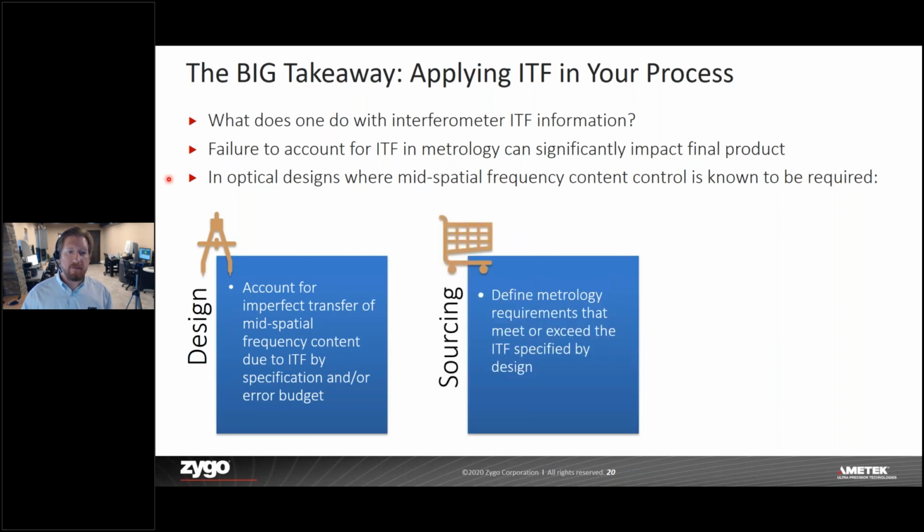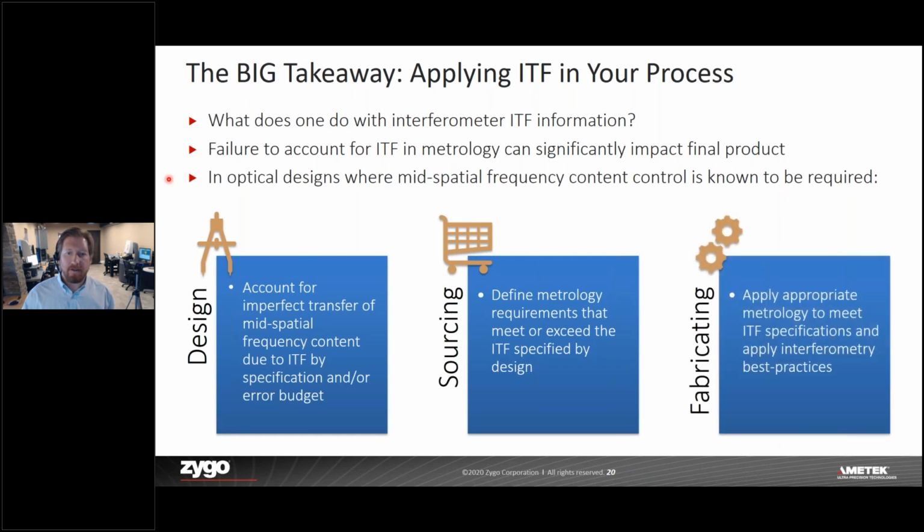At a sourcing level, one can define the metrology requirements that meet or exceed the ITF specified by the design. And during fabrication, it's important to apply the appropriate metrology to meet the ITF specifications required by the design, and also apply interferometry best practices.